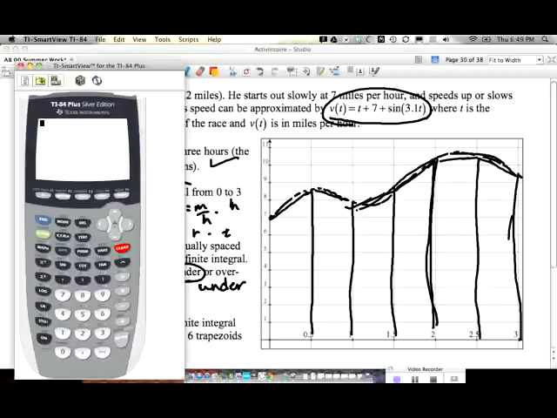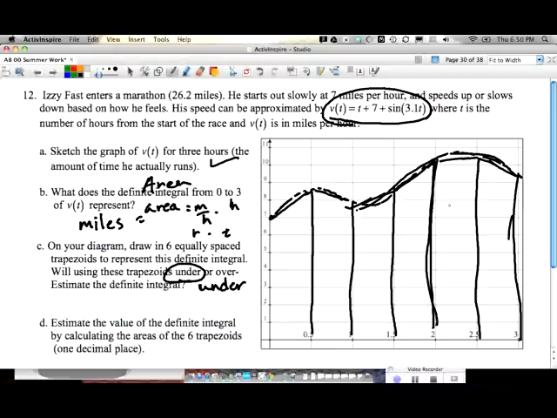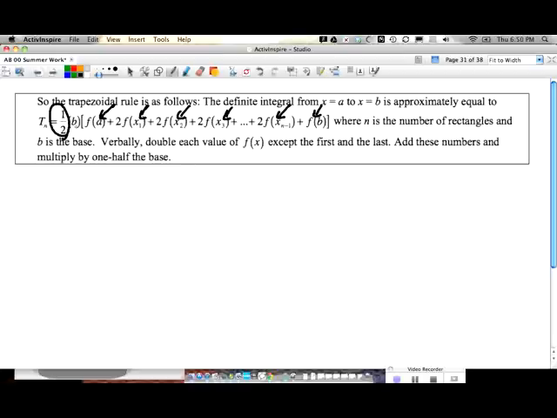So I'm going to clear this graph. So I'm going to do half, or 0.5 times. Okay, so now that's my function, and that's going to help me calculate these heights. So we have 0.5 times, what was the other thing that we did there? Let's take a look at this next slide again.